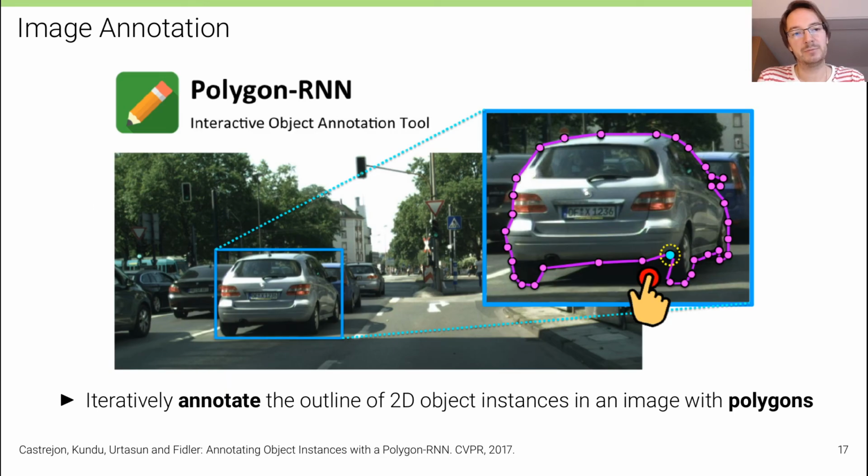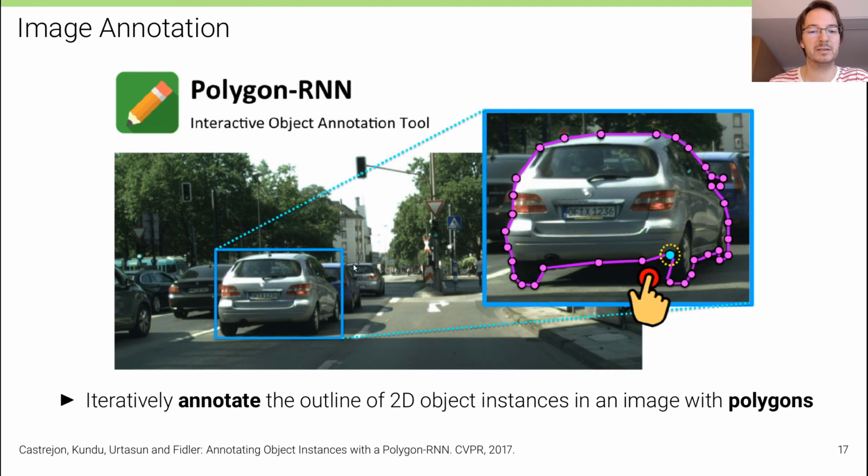One thing that's also important is image annotation, and there have been models proposed for annotating objects in images using RNNs, like Polygon RNN, which is an interactive object annotation tool. This is of course important if you want to create a big annotated data set for training your instance segmentation or object detection model.